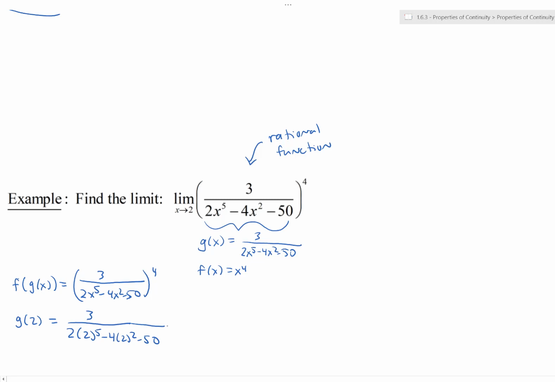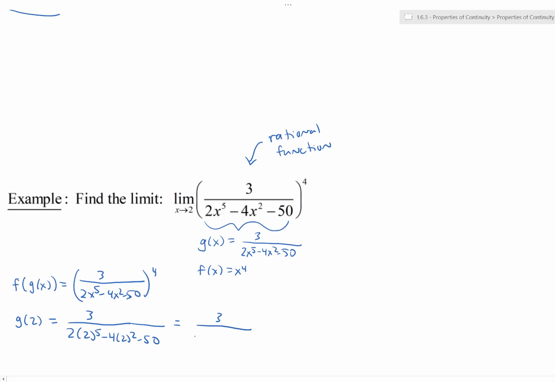As long as we're continuous there, and of course it's a rational function, elementary functions are continuous over their domains. One of those families of curves was the rational functions. So as long as this thing is defined, we know we're going to be continuous. So make sure it's defined there.